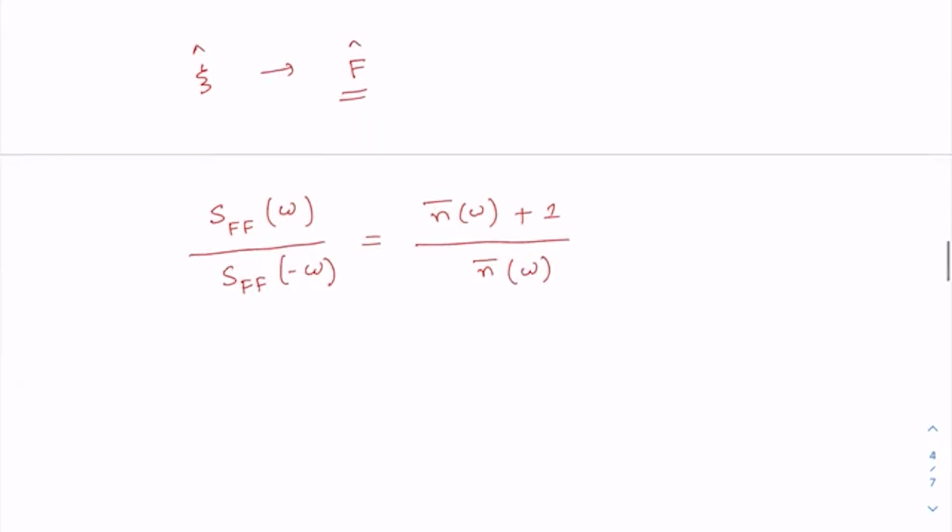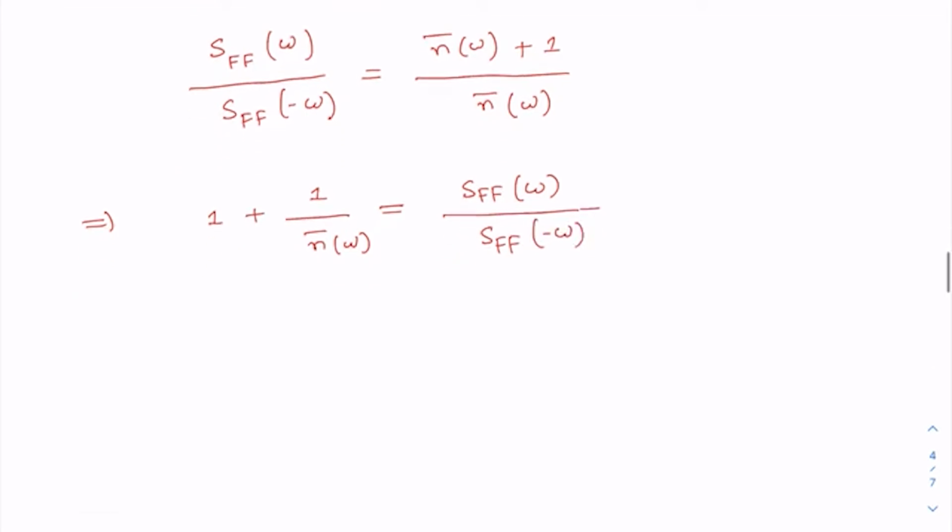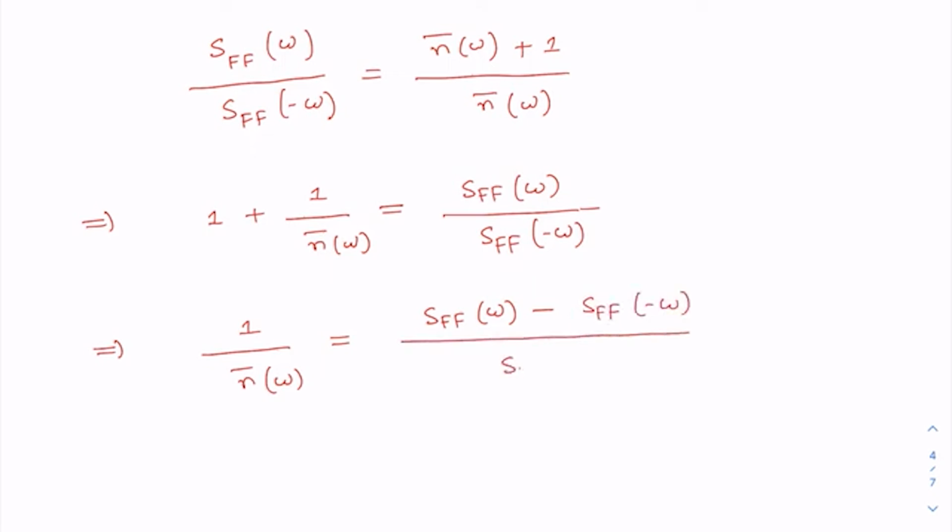Okay, from here you can see I can write this as 1 plus 1 by n bar of omega, that is equal to SFF omega divided by SFF evaluated at minus omega. Okay, so from here I can write 1 by n of omega is equal to SFF omega minus SFF at minus omega divided by SFF at minus omega.